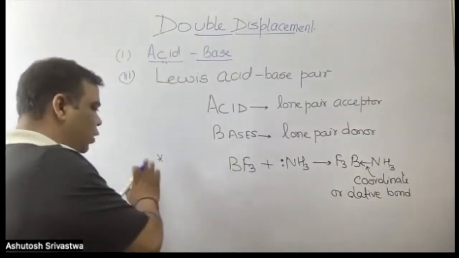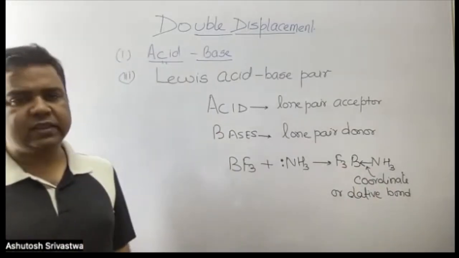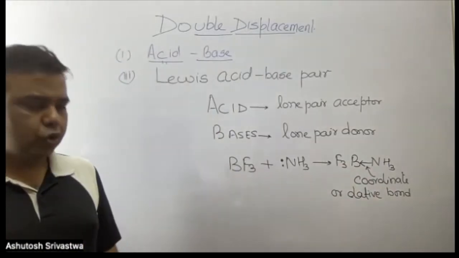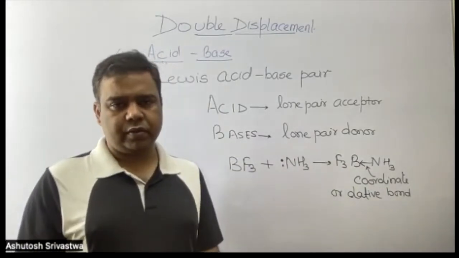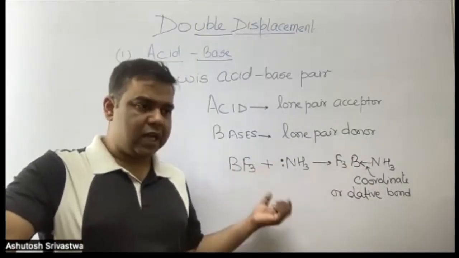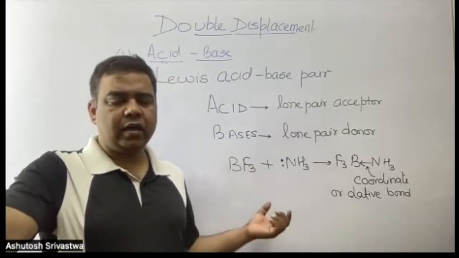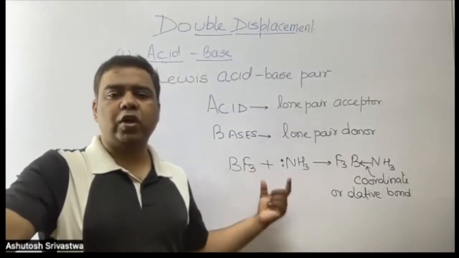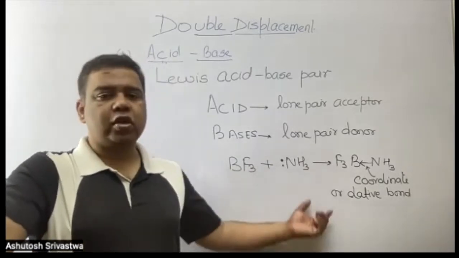So first of all, let's try to understand now what are the possibilities, what are the acid base pairs that we should know. It's not only NaOH plus HCl gives salt and water. In the last two theories, in this one, there is no water. Even there is no sort of salt also.